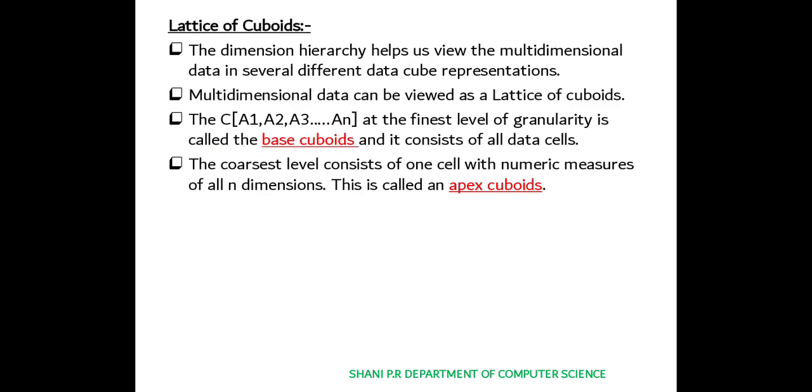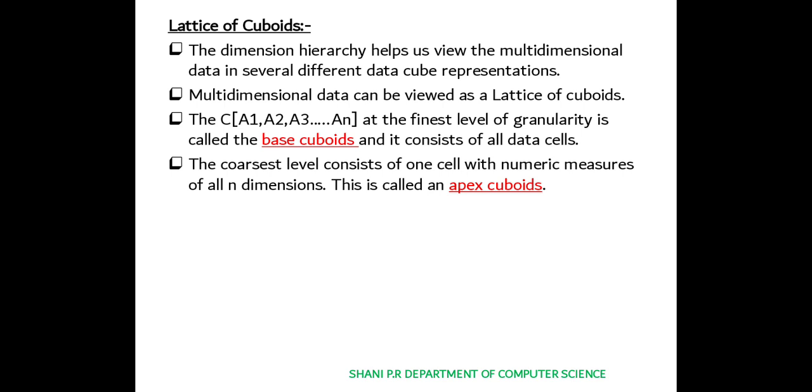Next we have the lattice of cuboids. The dimension hierarchy helps us view the multidimensional data in several different data cube representations. As you saw in the previous picture, the dimension hierarchy was in the multidimensional data. We have the subdivisions and all.